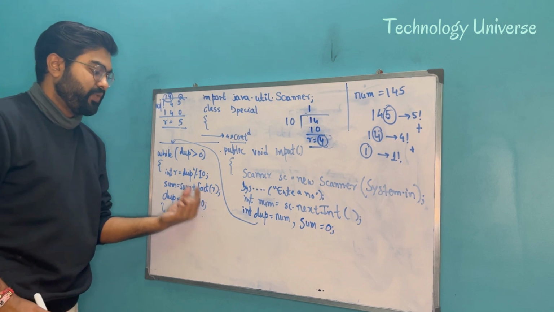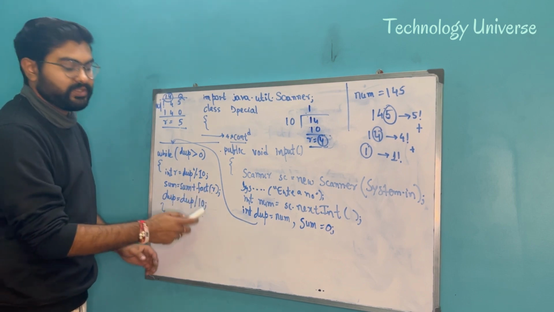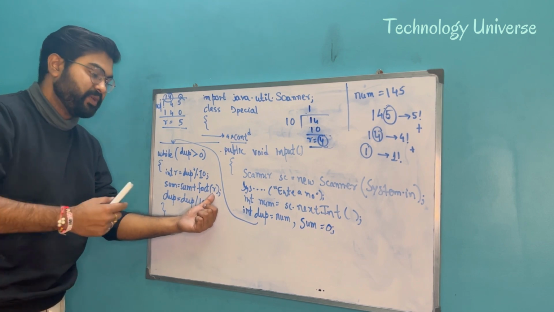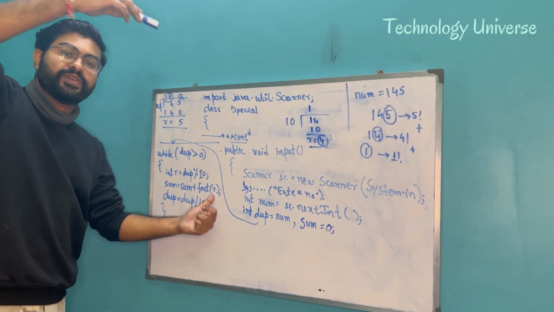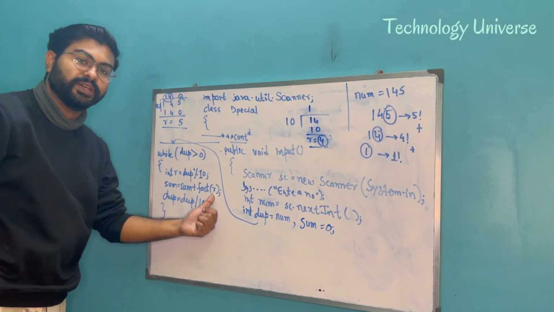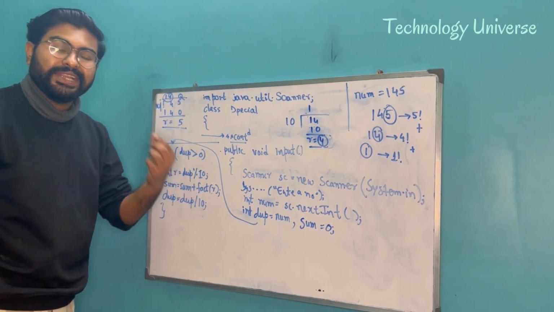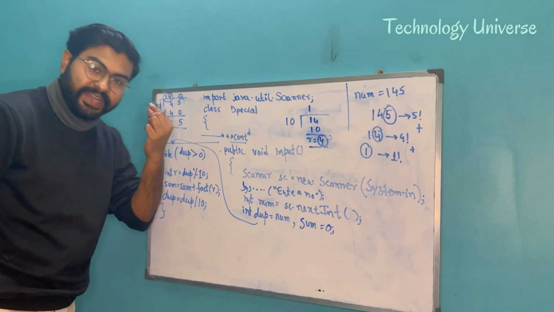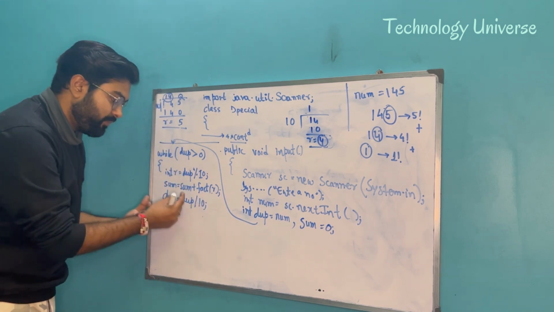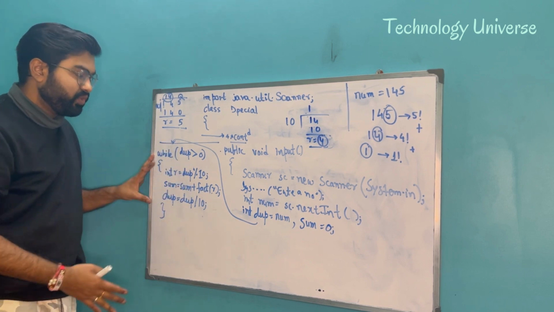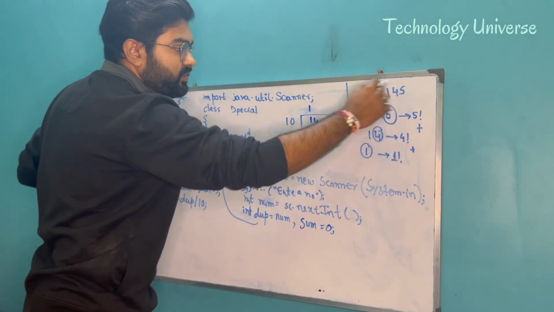Whenever we write fact and do the method call, whatever parameter we give is sent to the fact method we wrote previously. It takes an integer n, finds the factorial and returns it. That returned integer is summed up in a variable. So this repeatedly occurs.